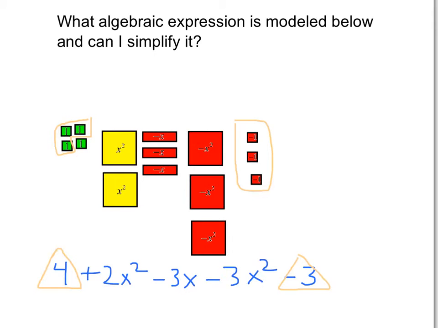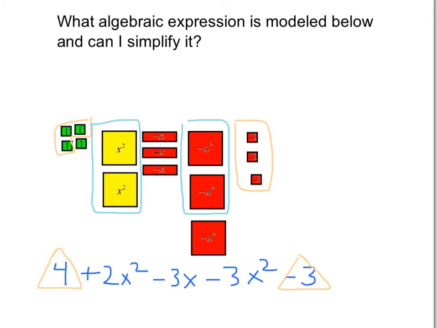And then I have these 2x squareds, and I can use 2 of these negative x squareds to cancel those out. So I'm going to do 2 of these, and 2 of these will make 0. And then I'm left with these, and then I'm left with these 3 negative x's that don't have anything to partner up with.